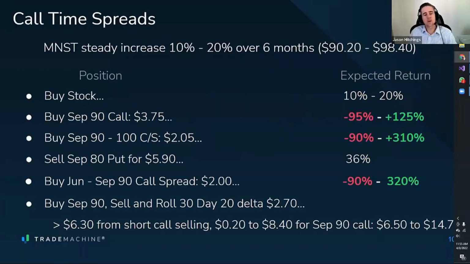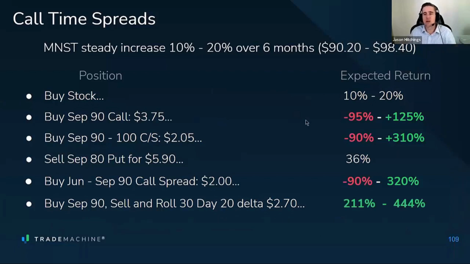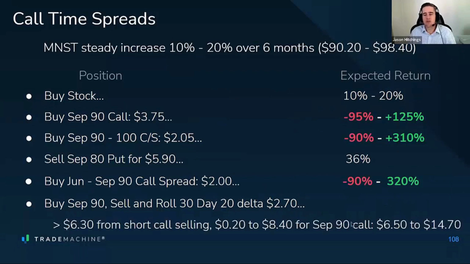So let's look at it. You get 630 from the short call. If the stock ends up at $90.20, you make 20 cents there. So you make $6.50 in that scenario. And if it goes all the way up to $98.40, then your position is now worth all the way up to $14.70.